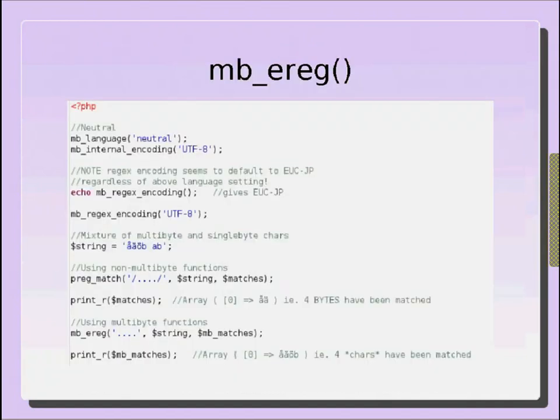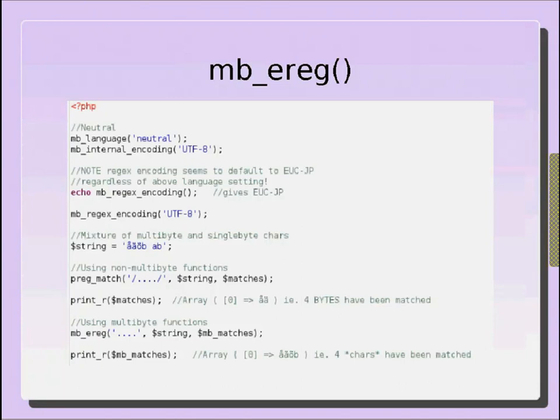Okay, mb_ereg. Let's have a look at this little snippet here. We're language neutral, UTF-8, and interestingly, with mb_regex_encoding, I've noticed that regardless of what you set for the human language, the internal encoding, or what have you, it seems to always default to EUCJP, which possibly isn't useful for us.